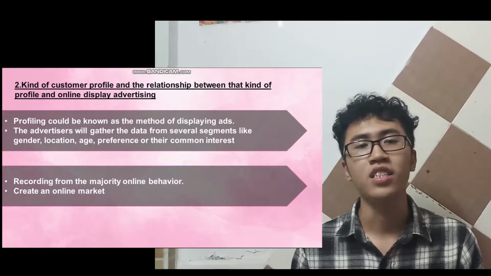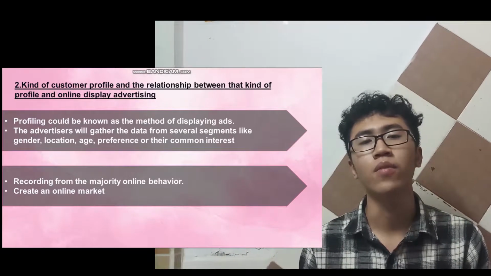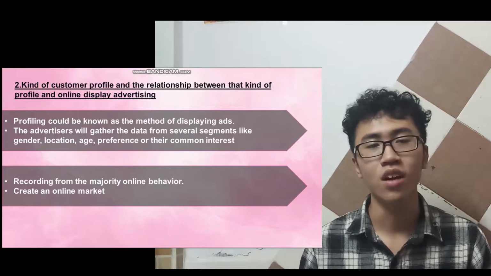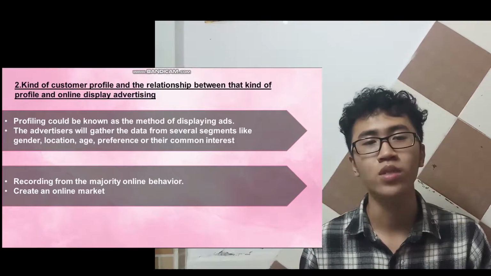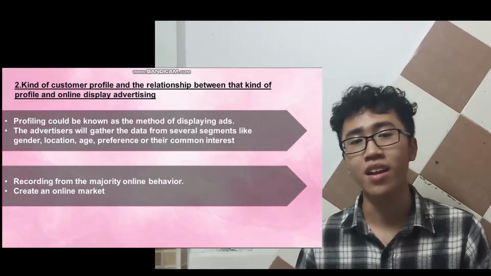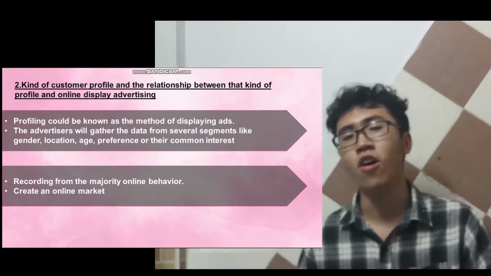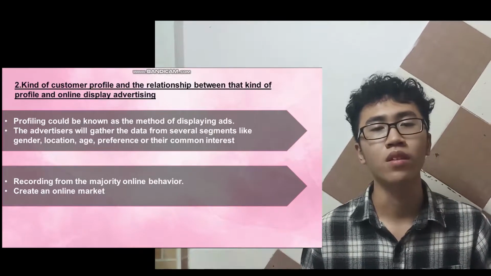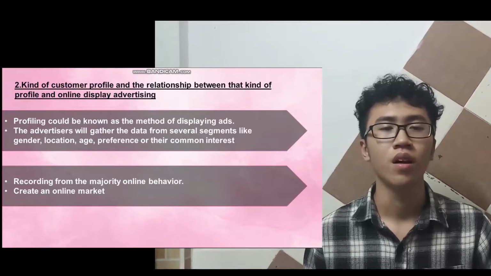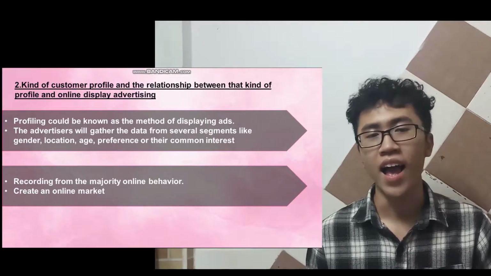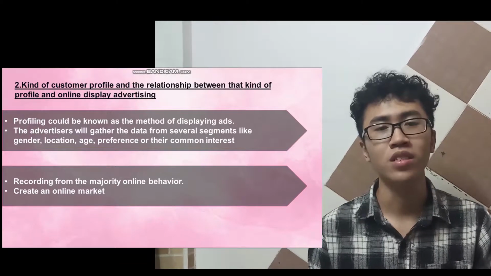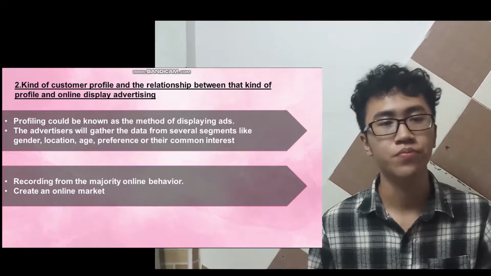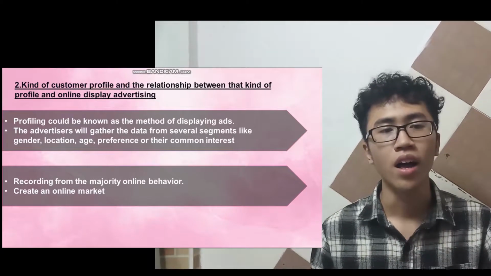This kind of profile is the basic information recorded from the majority of online behavior. The advertiser will gather data from several segments like gender, location, age, or preference. Some preferences come from their common interests, and most of that can come from the search engine and information from other sources.